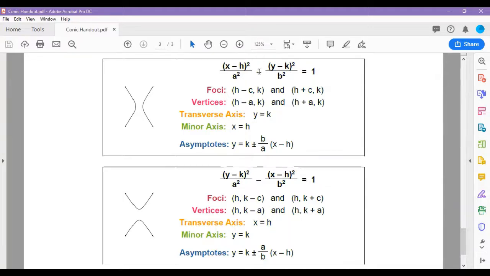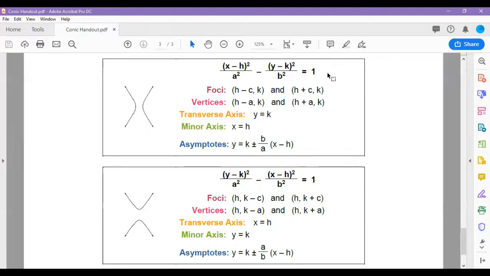The difference is we have subtraction instead of addition, and that's because the difference of the distances between the two foci has to be consistent. So since it's a difference in its definition, we get a difference in the equation.